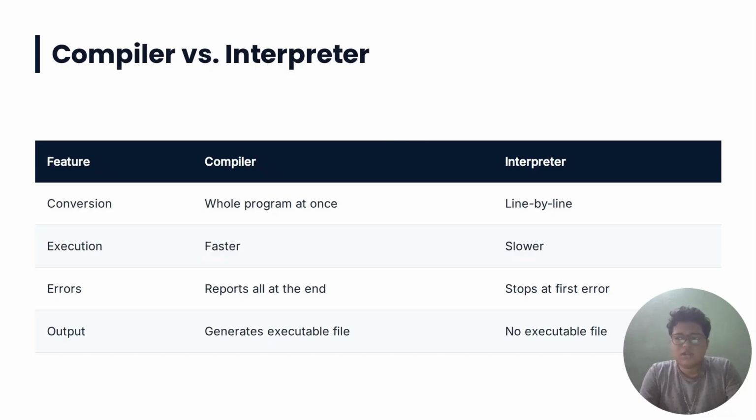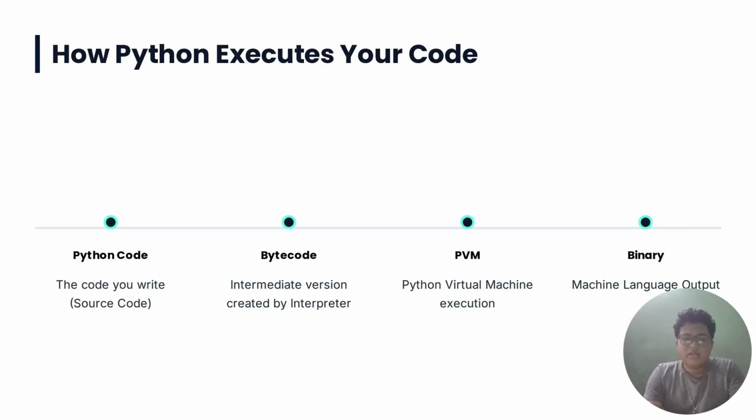So it makes your code much better when you can't go to the next step without solving the error in the first step. In case of output, the compiler generates executable files, whereas the interpreter has no executable files. So we can fairly understand this, what's the matter with this and what's happening actually.